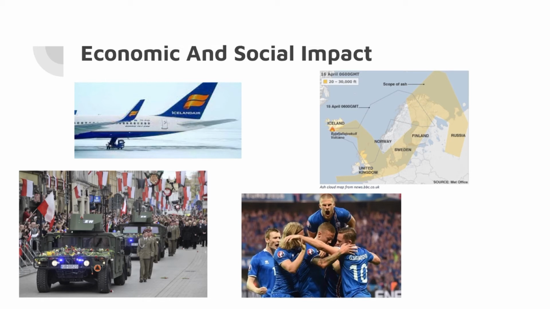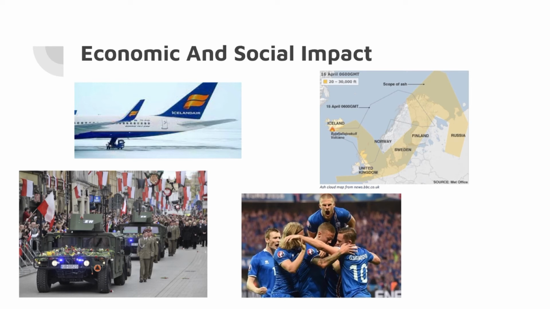The bottom left picture is a funeral of the leader of Poland. Due to the eruption, there were a lot of other world leaders that were not able to attend the funeral, so that was an effect. The top right shows the dispersion of the ash cloud and shows how far it traveled from Iceland, all the way in a good part into Russia and the rest of Scandinavia, and also the United Kingdom, and a little south of that as well.